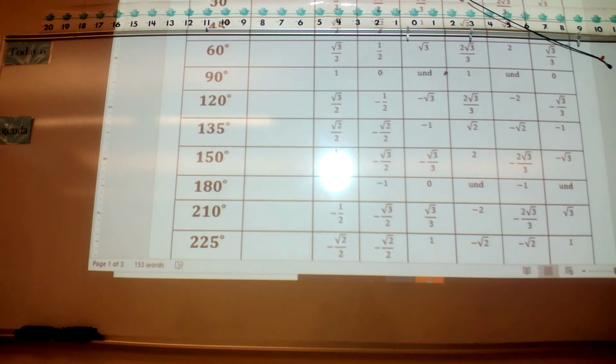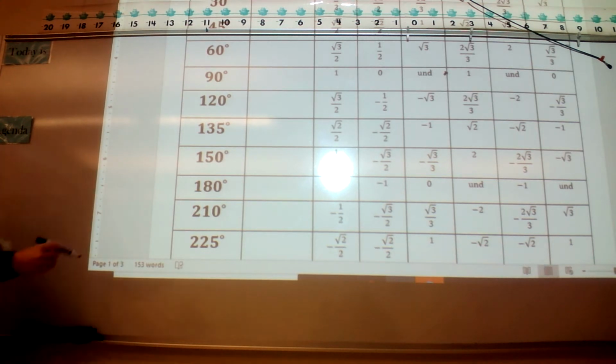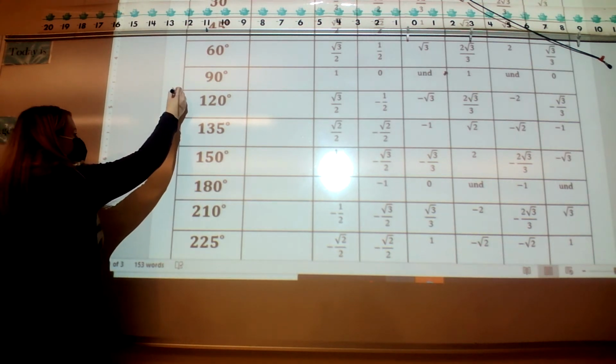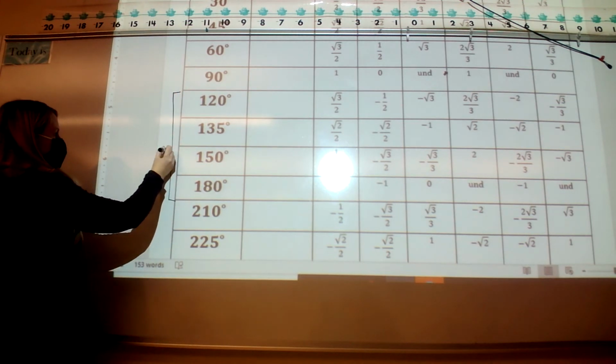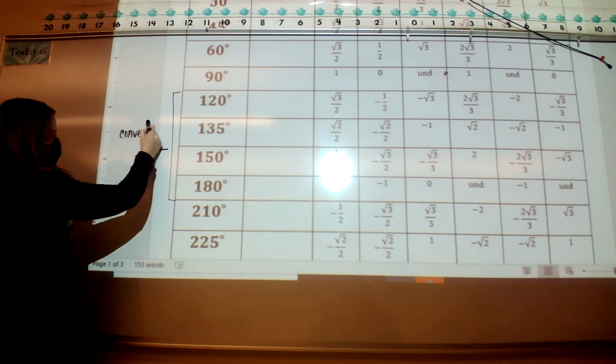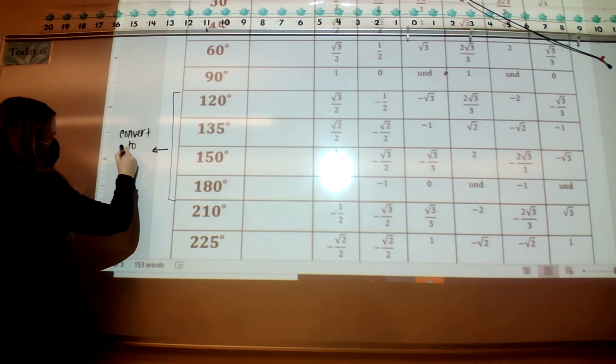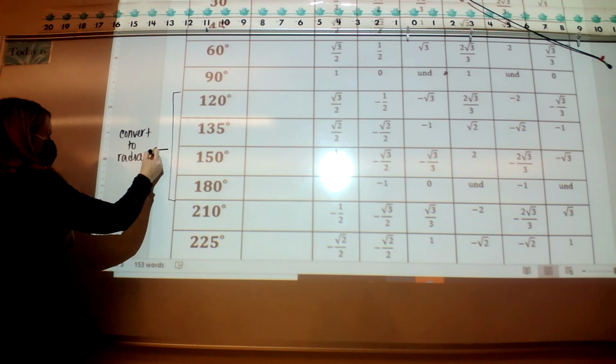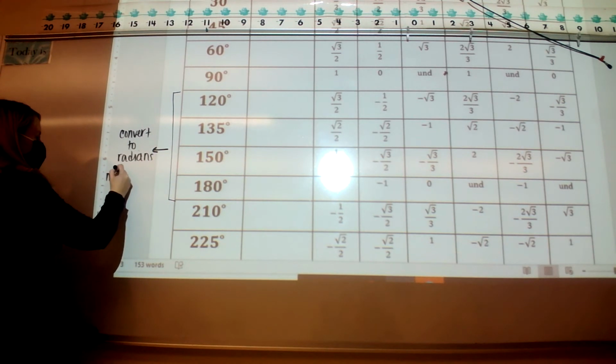So let's focus on from 120 to 180. We'll just do a few at a time. So right now, can you convert these to radians? And just as a reminder, you're going to multiply by pi over 180.